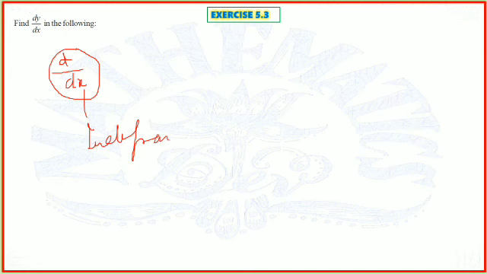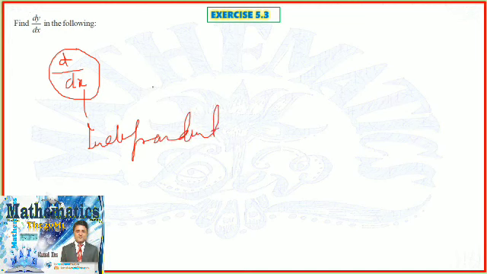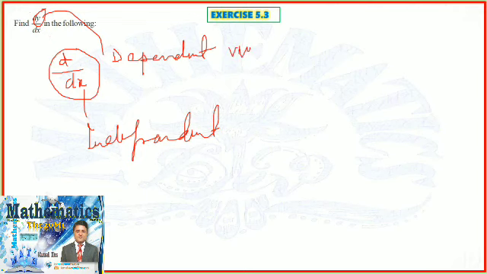It is independent, free, and y is a function, or y is called the dependent variable. That means y has to move with the permission of x. The way x will ask, y has to go. Dependent variable.